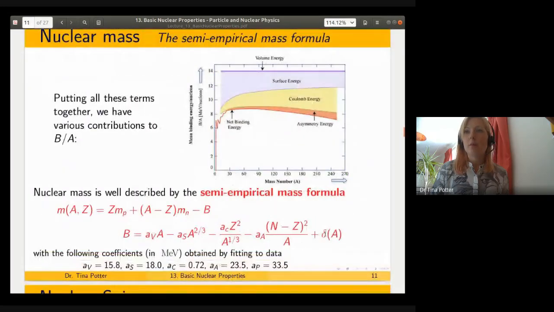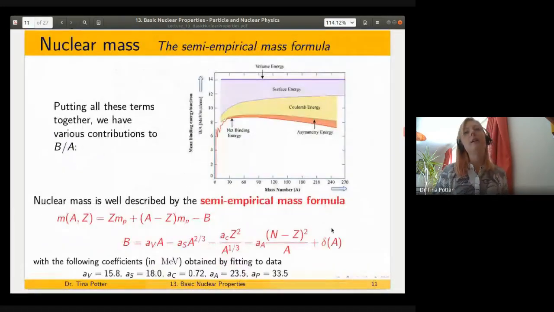So let's try and summarize this here on slide 11. We're going to put all these terms together. So as I said, we're starting off with some volume term here that gives us an overall average binding energy per nucleon. We are then going to subtract something to take into account that the surface nucleons are less tightly bound. This is the surface energy, and it's going to decrease the binding energy per nucleon.